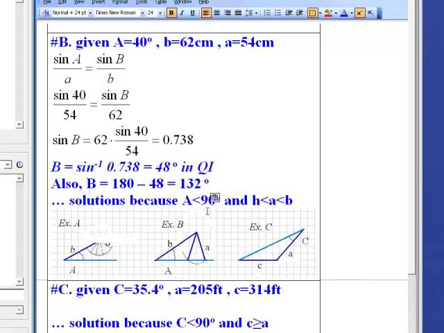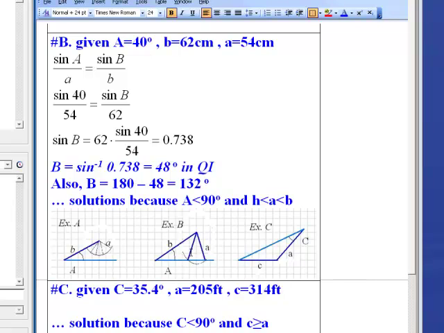That's what you see in the second drawing here, where we have an angle right here of perhaps 48 degrees, and then we have an angle over here of, let's see, actually the angle is over here. Here we have an angle of 48 degrees, and here we have an angle of 132 degrees.